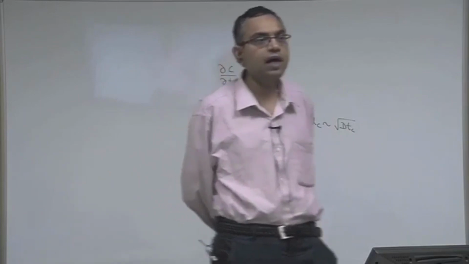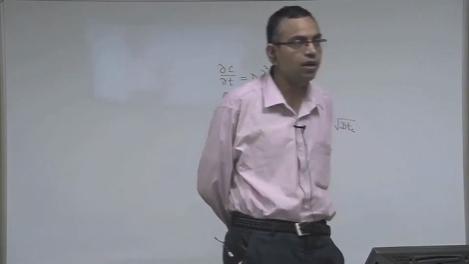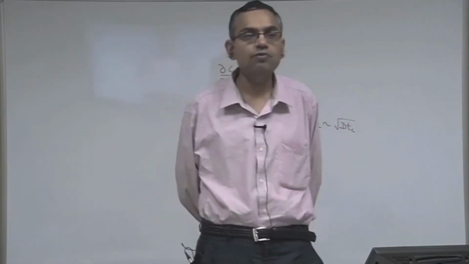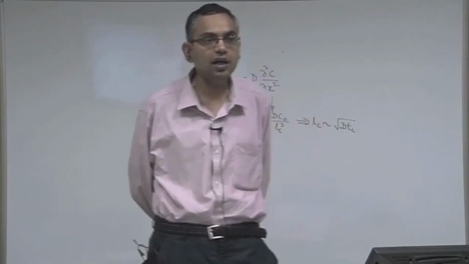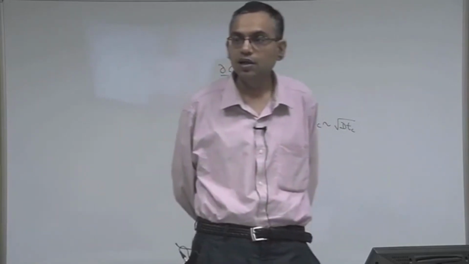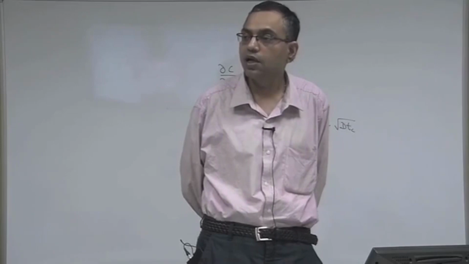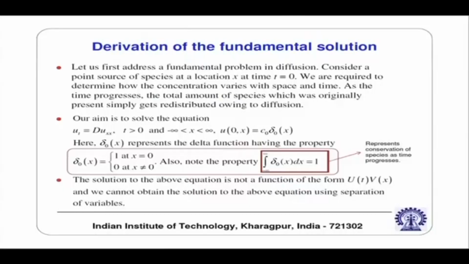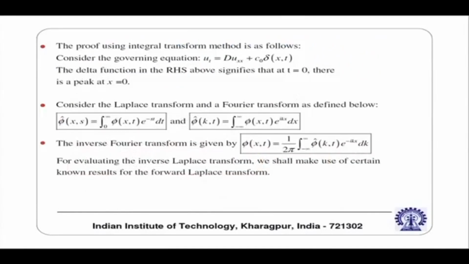So, the transform calculus based method will be based on first taking a Fourier transform and then taking a Laplace transform, then taking the inverse Laplace transform and the inverse Fourier transform. So, we will go through the steps. The governing differential equation is u_t equal to D u_xx plus C0 into delta(x) t.